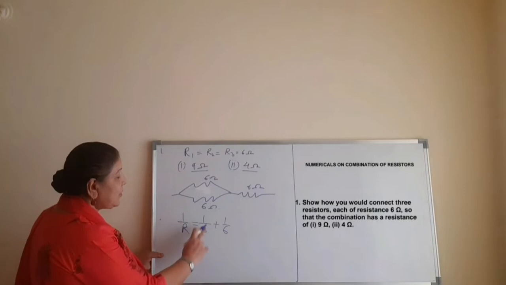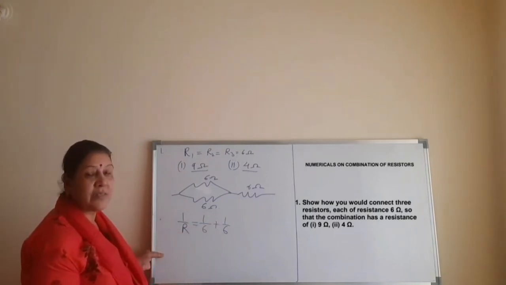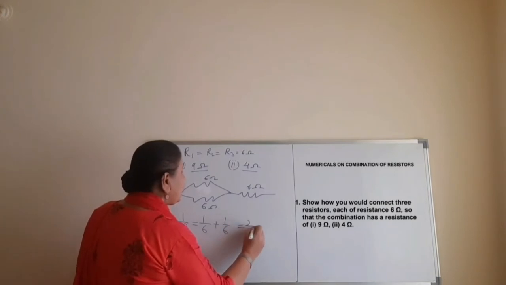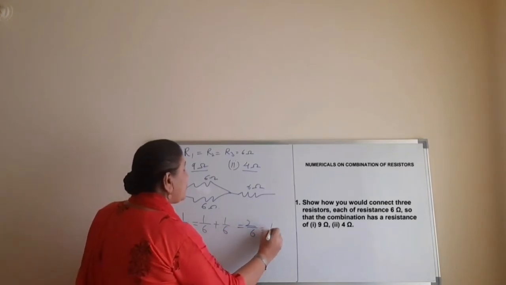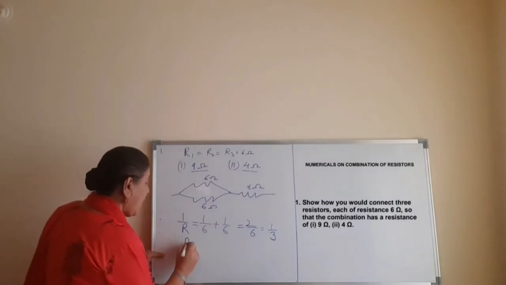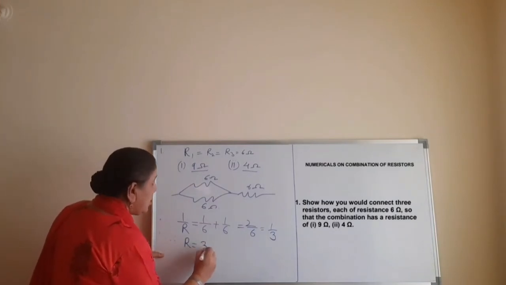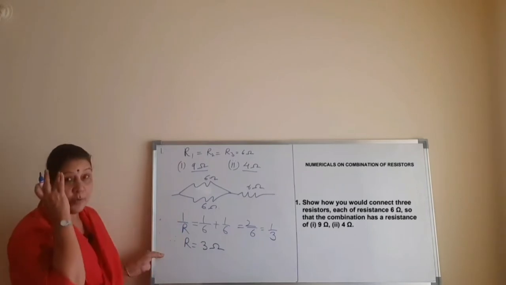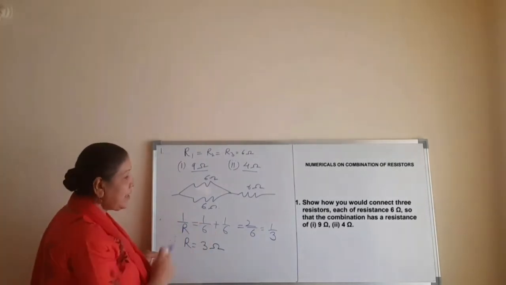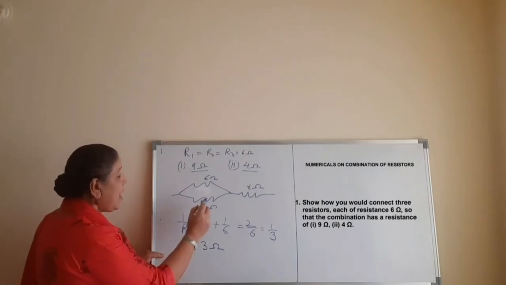So 1 upon R is equal to 1 upon 6 plus 1 upon 6, the parallel connection formula we had taken, and that will be 2 upon 6, that is 1 by 3. Therefore, R will be equal to 3 ohm. So I can make the equivalent resistor like this.